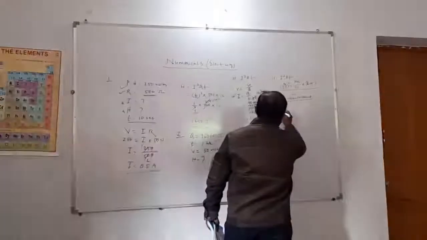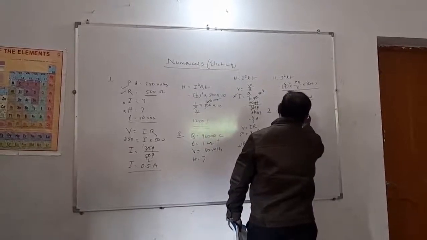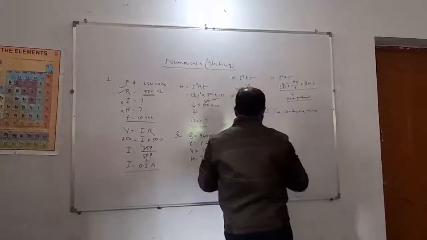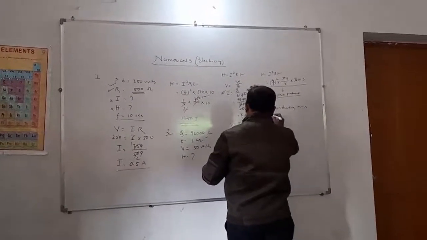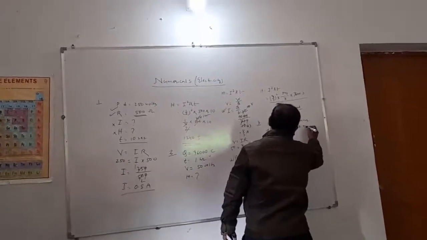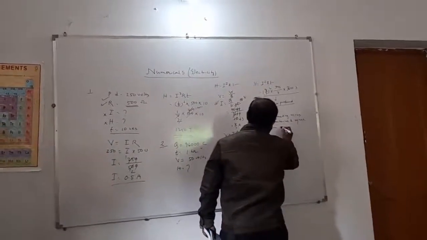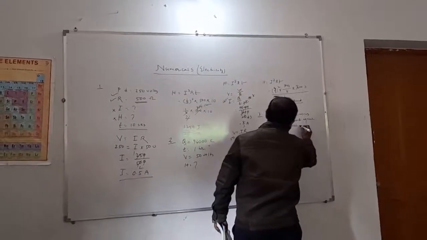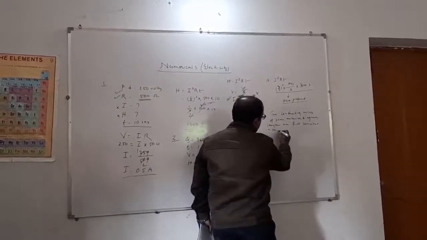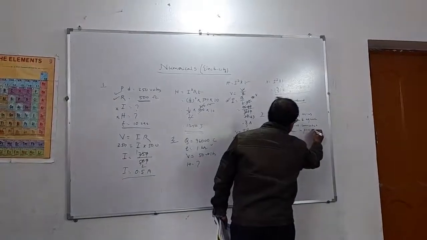Question is, given two conducting wires of same material and equal lengths are first connected in series and then in parallel.